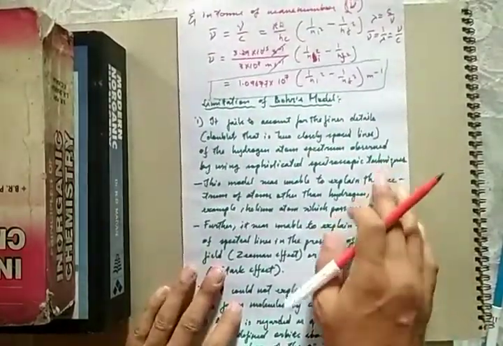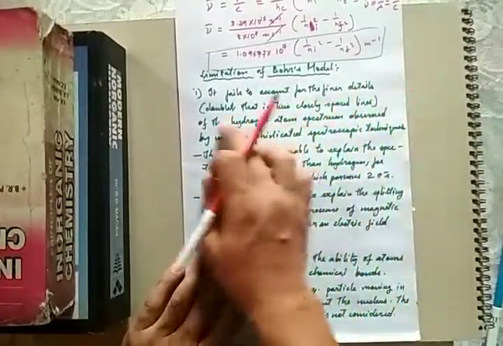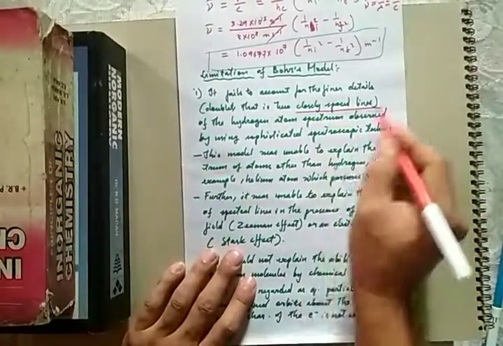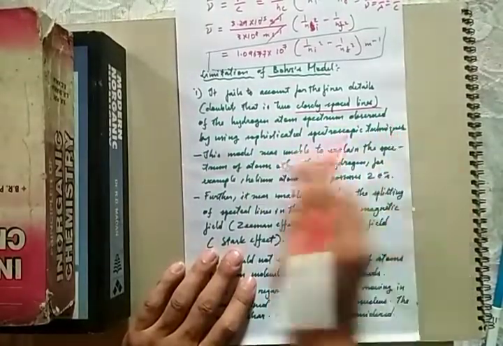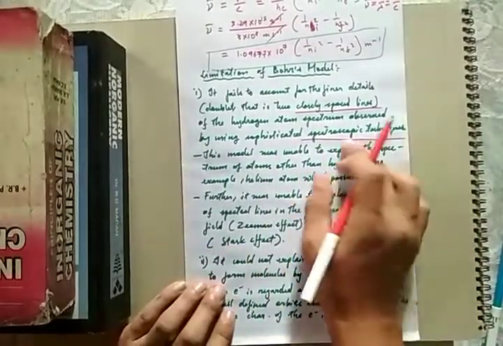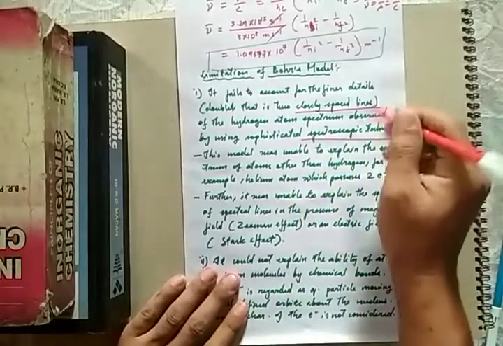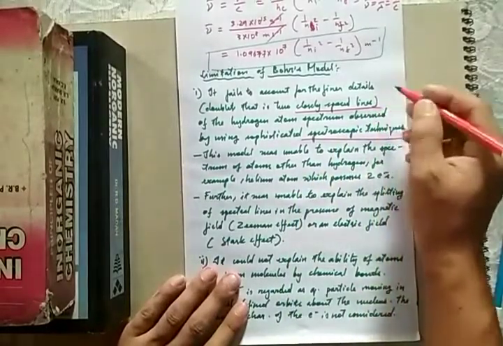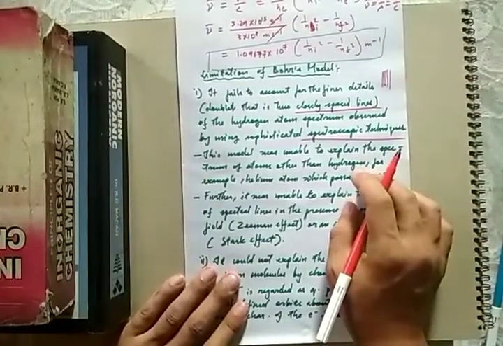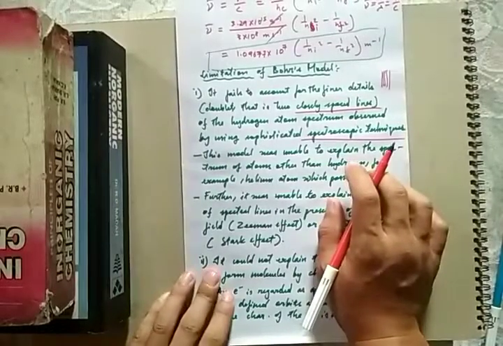Now limitations. It fails to account for the finer details of doublets, that is, the closely spaced lines in the hydrogen atom spectrum observed through spectroscopy.